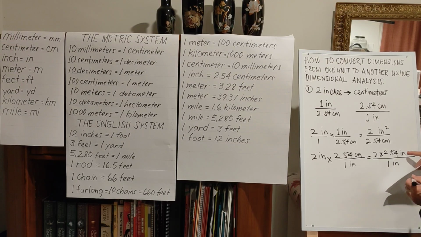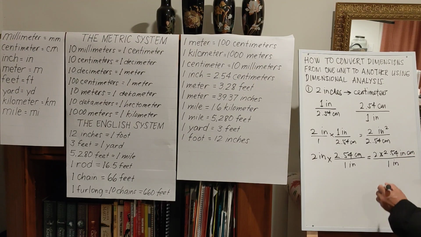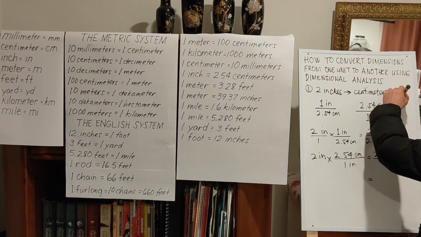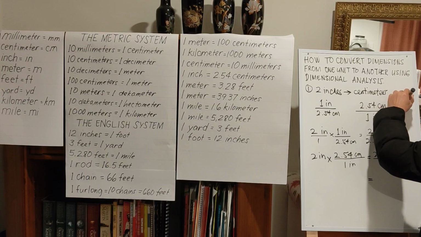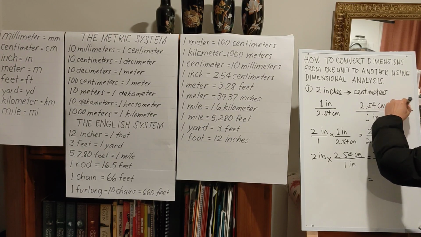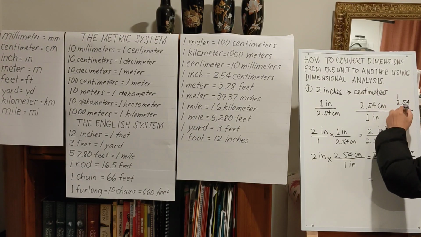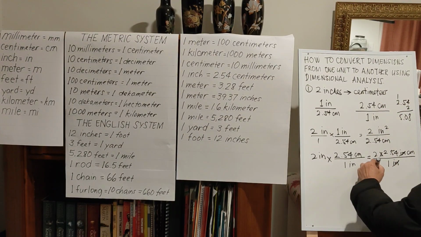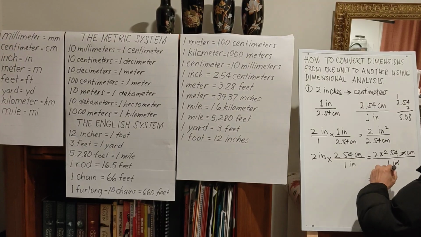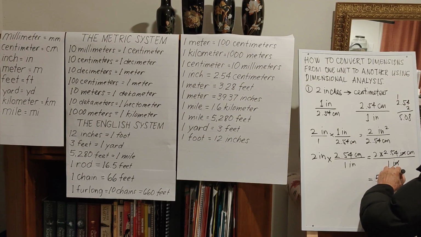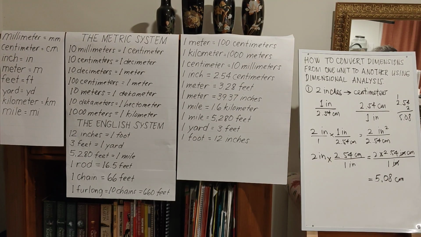So the inch and inch divided by inch can be cancelled. 2.54 times 2 is 5.08 centimeters. So what's the difference?